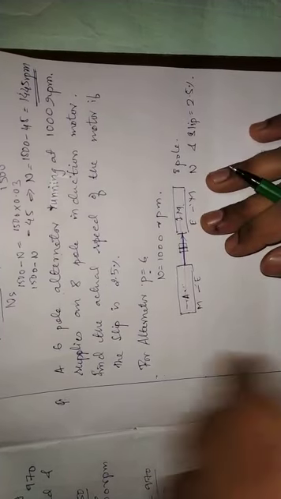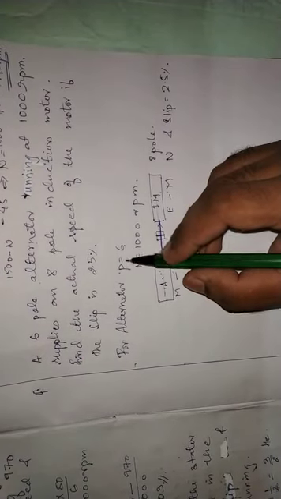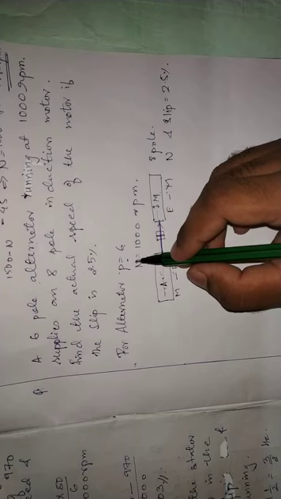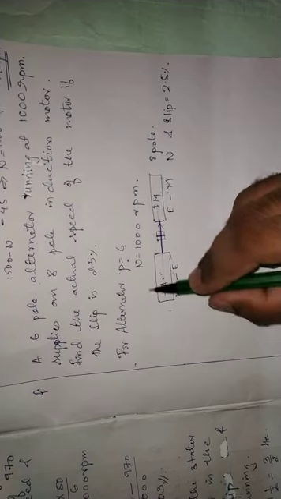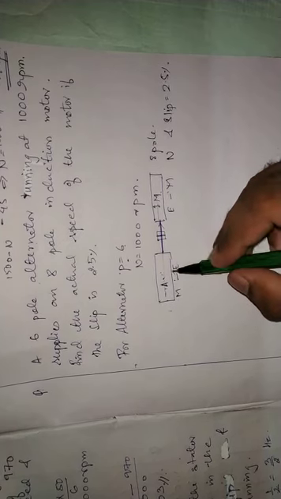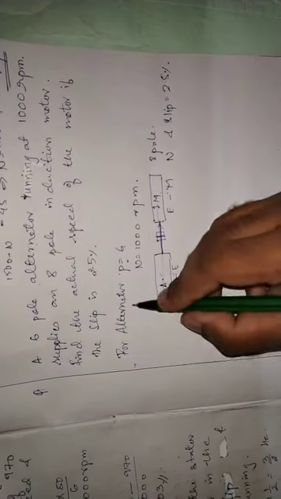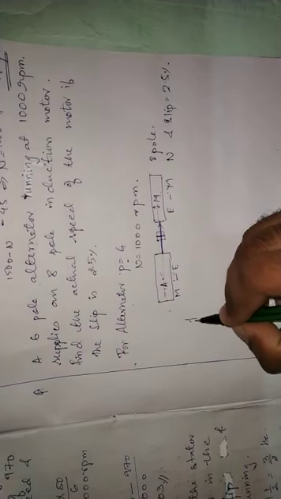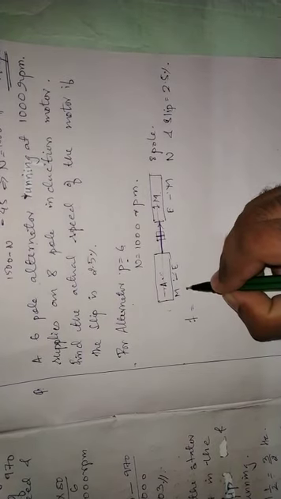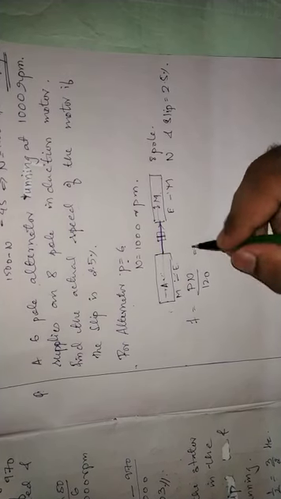Okay, so let's try to calculate the frequency of the supply. Whatever supply has been generated, that is AC, its frequency will be 50 Hz. So the same frequency of 50 Hz will be supplied to the induction motor. For the alternator, we have the formula f = PN/120.